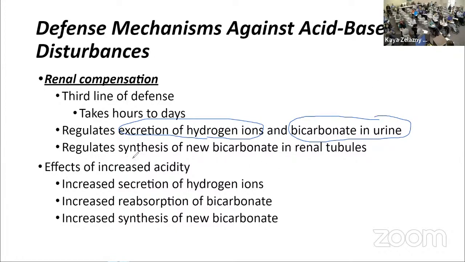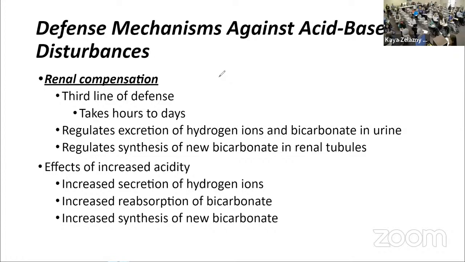Other thing we can do is we can actually make new bicarbonate. So we could make new bicarbonate in our kidneys if we need more of it to soak up more hydrogen ions, essentially. So we have outlined here what would happen if we increased acidity. So if the acidity of your blood plasma is increasing, that means you're experiencing a drop in pH, increase in free-floating hydrogen ions.